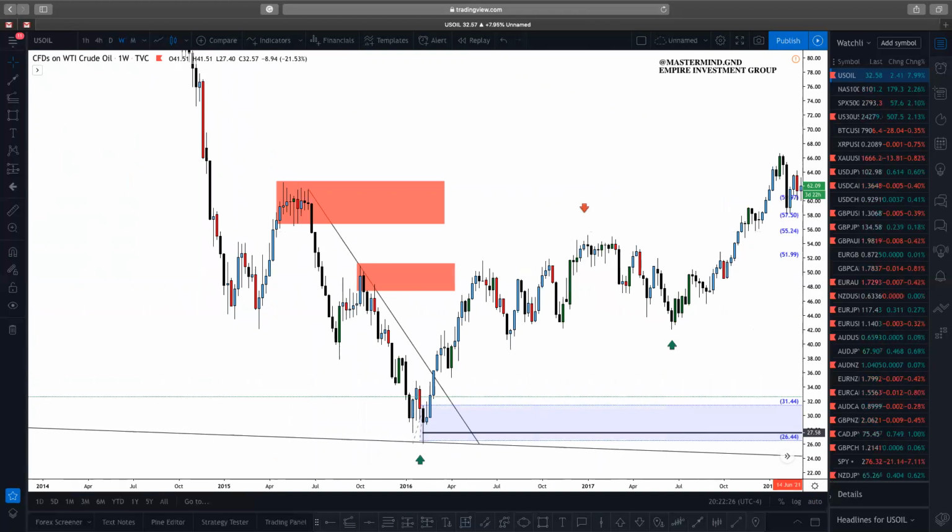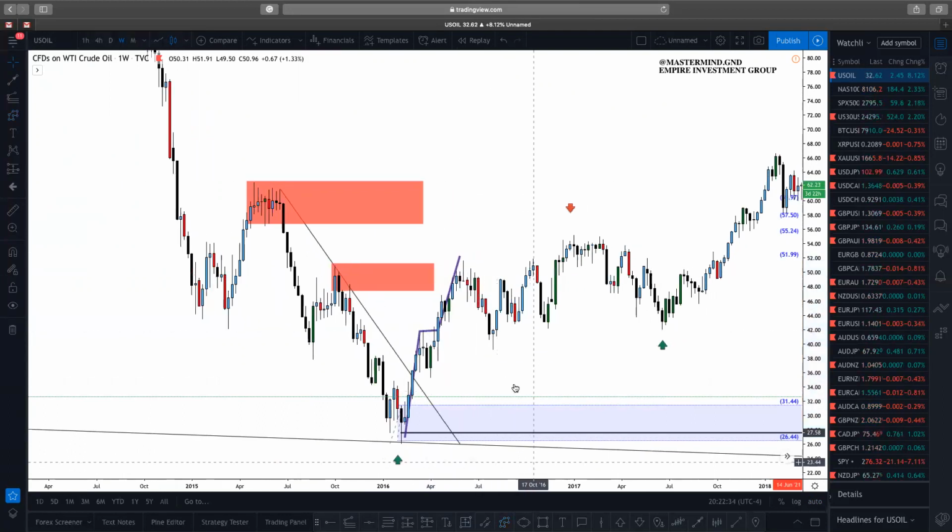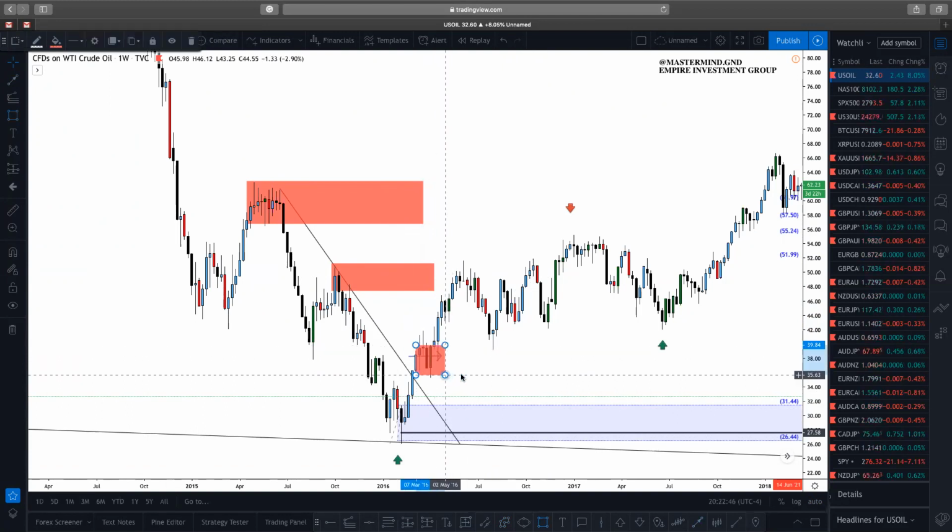Right here we have a rally, base, rally on the daily time frame. Because on the daily time frame, we could see the market went sideways. It consolidated. It rallied, it based, and it consolidated, so this whole zone here was consolidation.